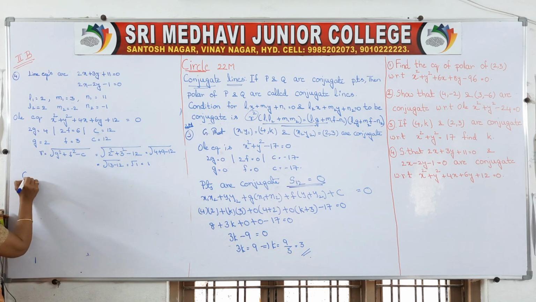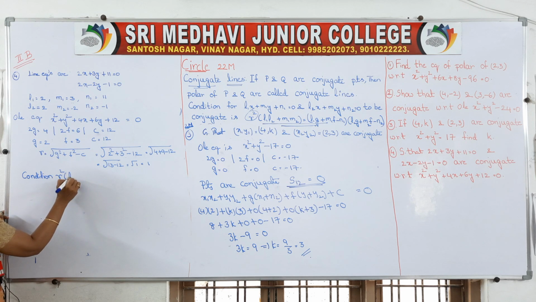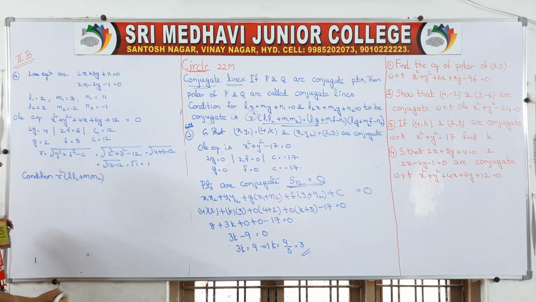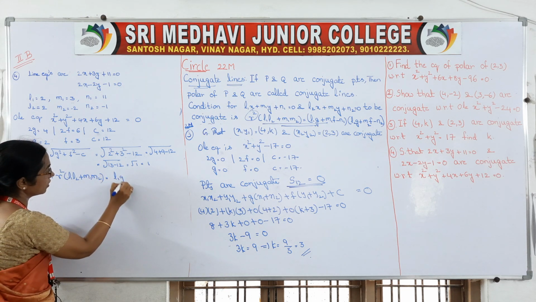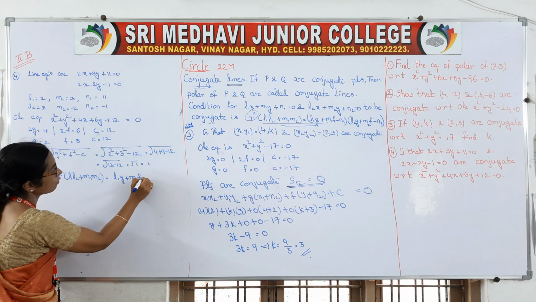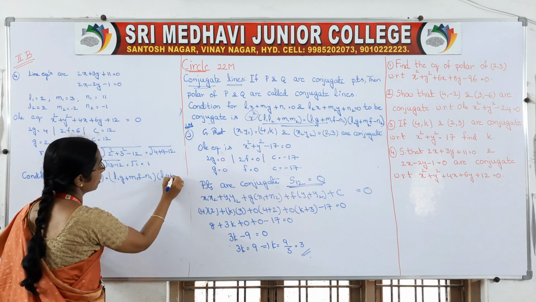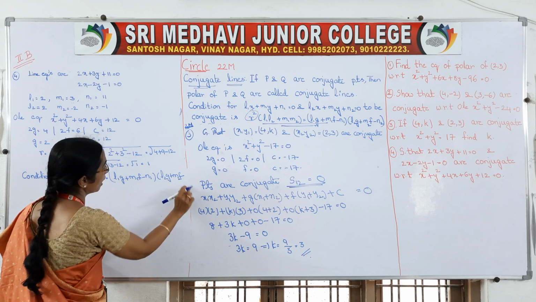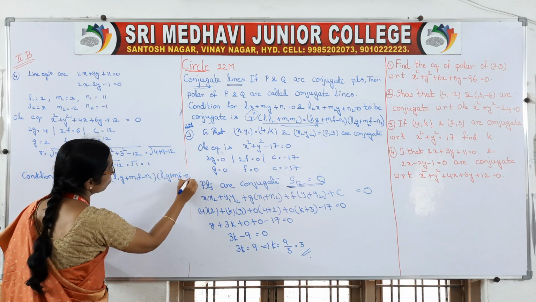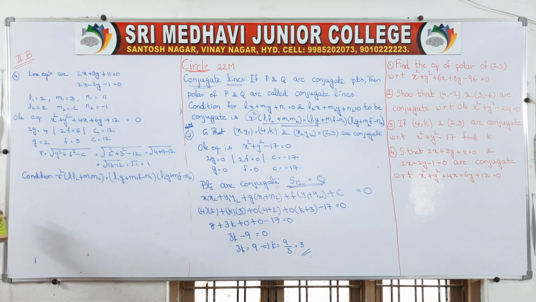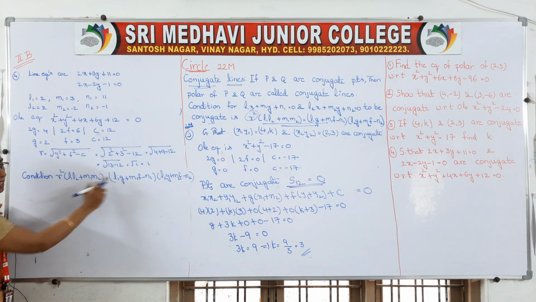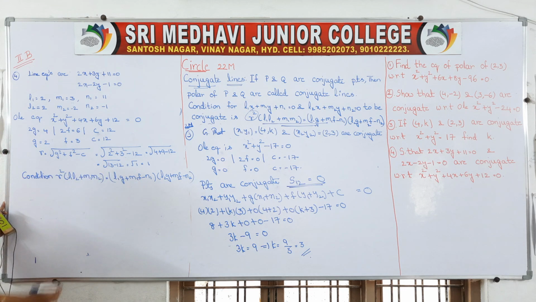What is the condition? Write the condition now. r square into (L1 L2 plus M1 M2) is equal to (L1 g plus M1 f minus N1) into (L2 g plus M2 f minus N2). This is the condition. You consider this as the left hand side value, this as the right hand side value.